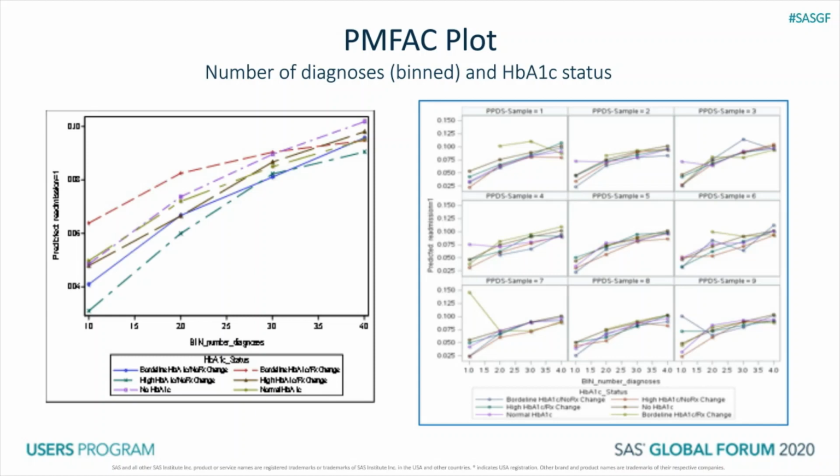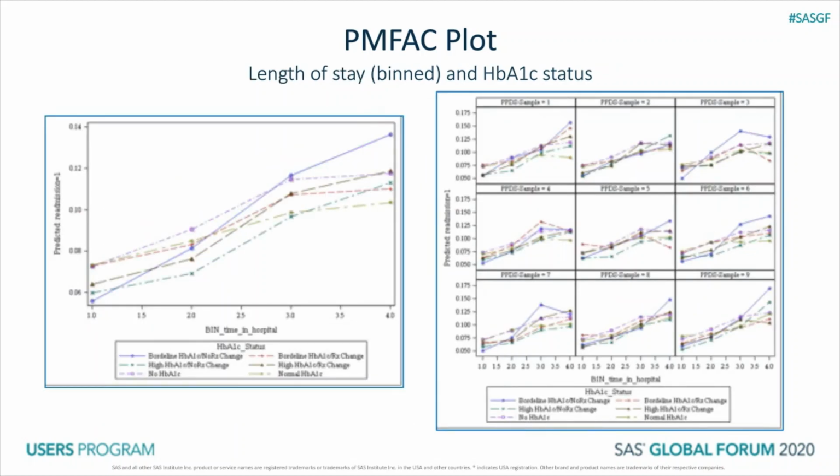We can also look at how length of stay affects probability of readmission. So again, here we are controlling for blood glucose, and we also see a linear positive trend. As length of stay increases, the probability of readmission increases.